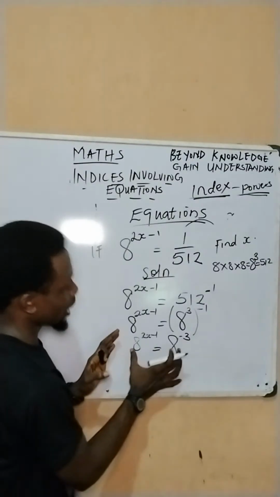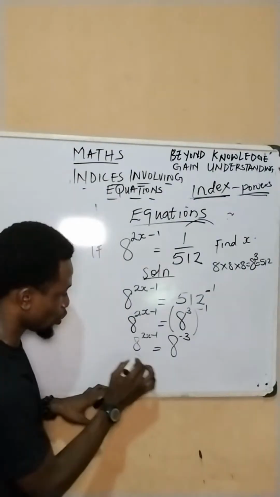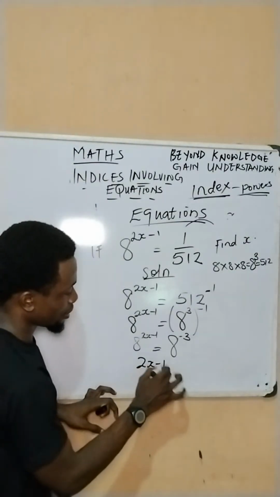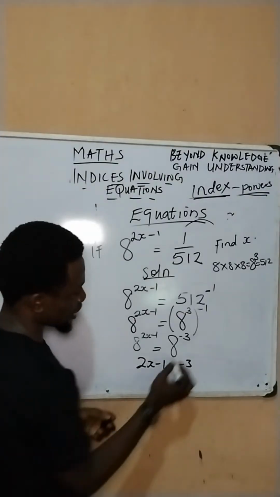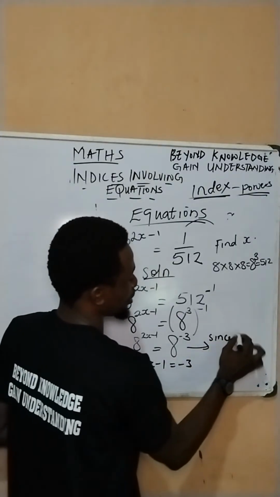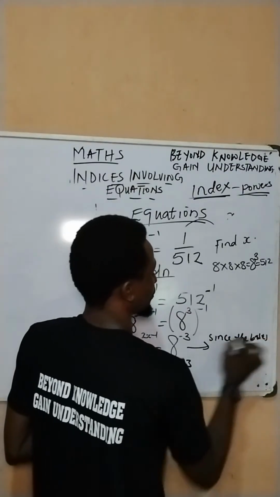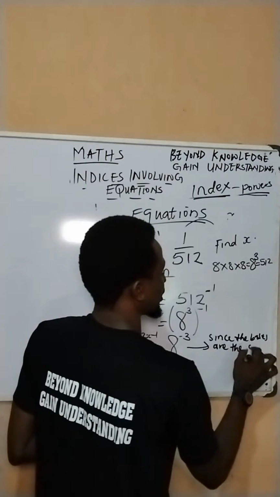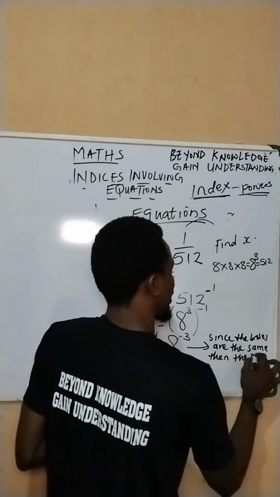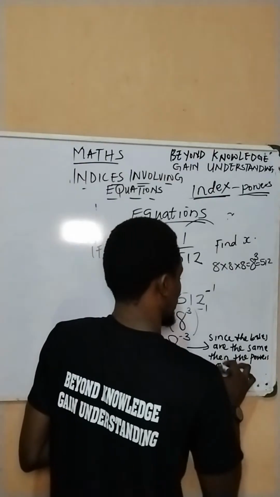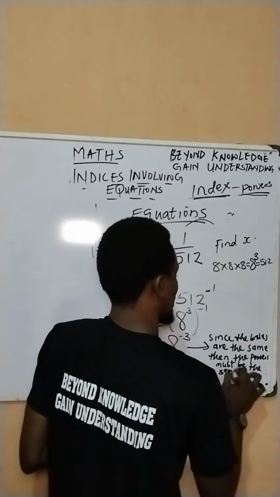So taking note of that, we'll now start examining the powers. So bring out 2x minus 1 equals negative 3. By the way, there's a name for this. You can simply say, since the bases are the same, then the powers must be the same as well.